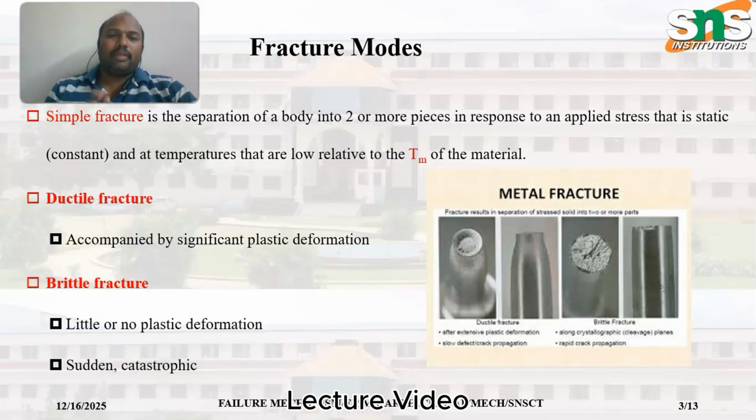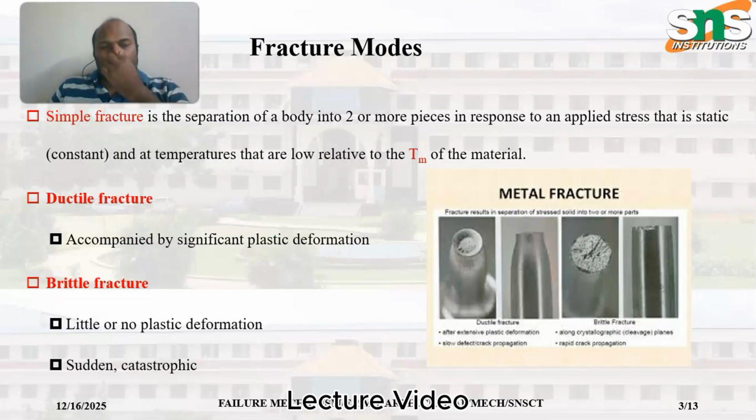Here you can see the temperatures that are low relative to Tm, which is nothing but the melting point temperature of the material. When we come to the fracture modes of a material, there are four types of fracture mode that can occur when it is used in specific applications: first is ductile fracture, then brittle fracture, fatigue fracture, and creep. We will see these fractures one by one.